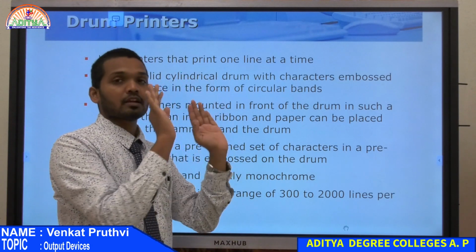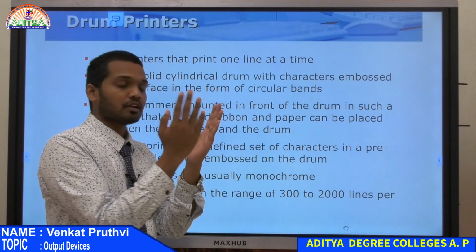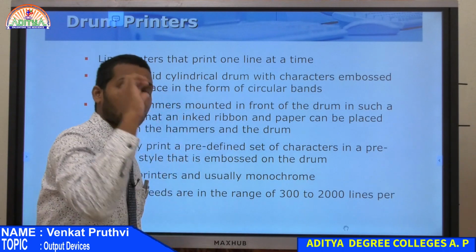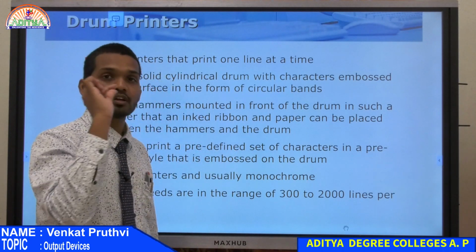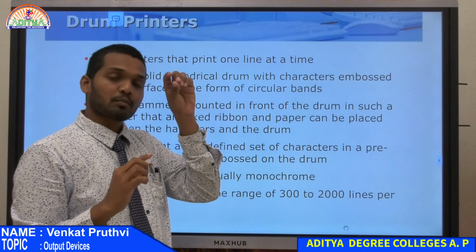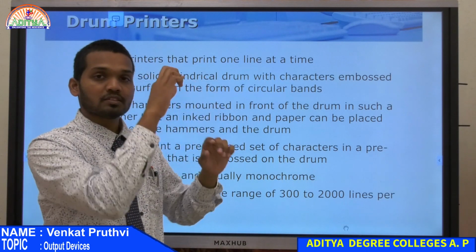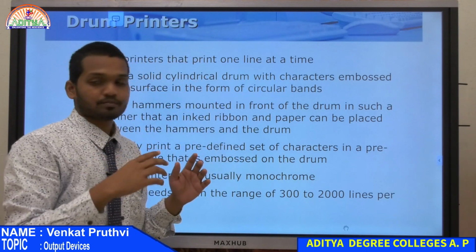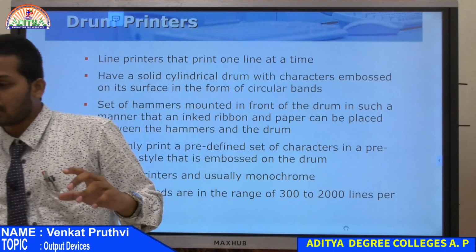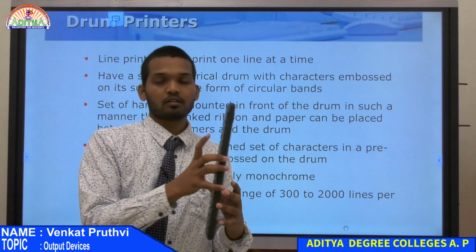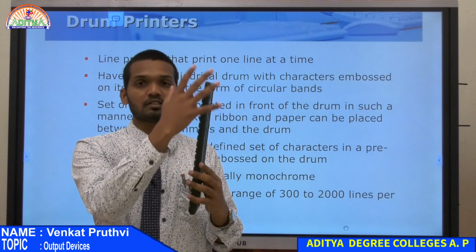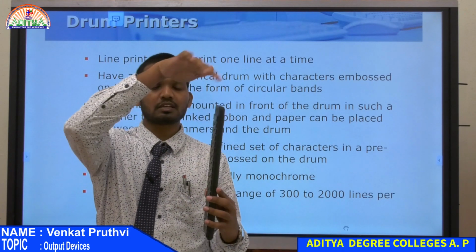So there will be a cylindrical drum. We all know how a cylindrical drum looks. That drum has all the characters embossed on it, that is, all the characters are fixed on the drum in circular tracks. Just assume this is the cylindrical drum.